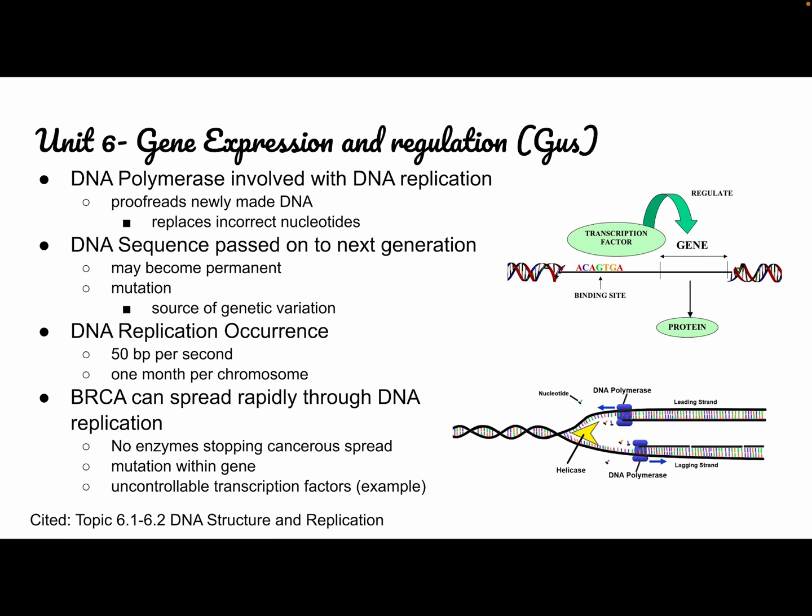DNA replication occurs at 50 base pairs per second and takes 1 month per chromosome. BRCA can spread rapidly through DNA replication. No enzymes stopping cancer spread, mutation within the gene, and uncontrollable transcription factors are all different variables in cancer.